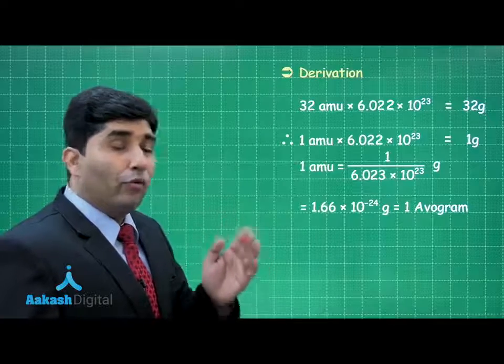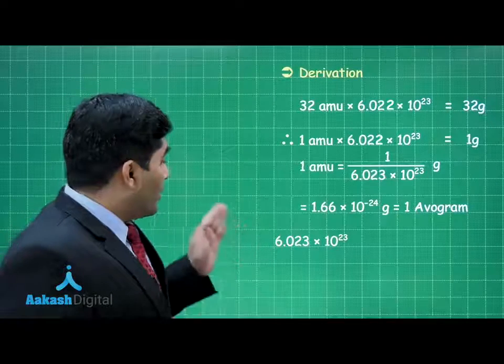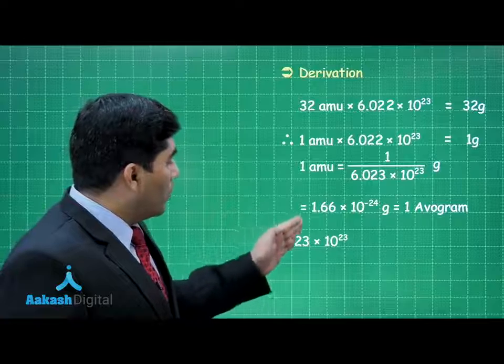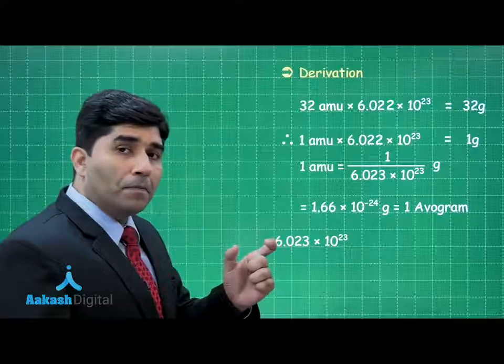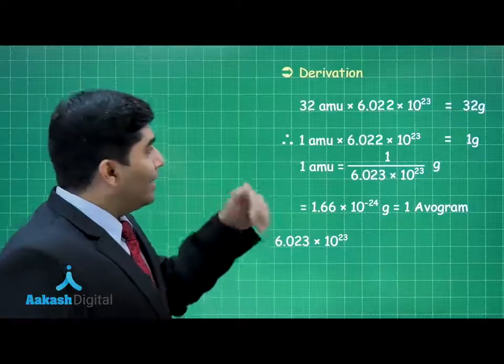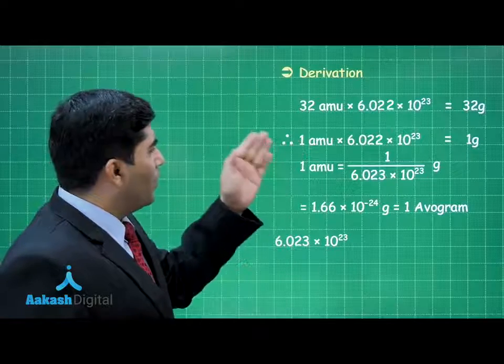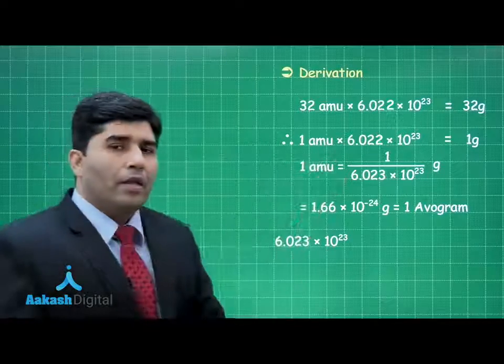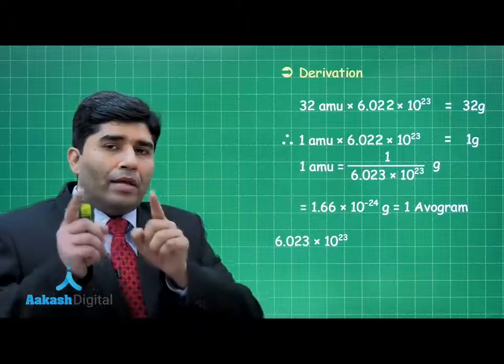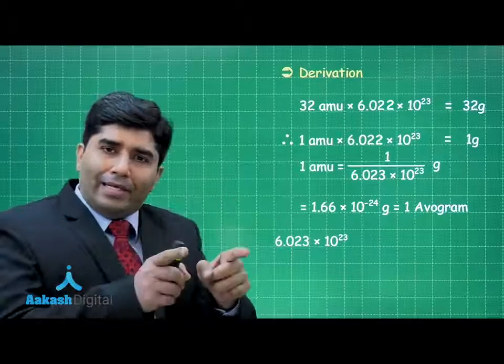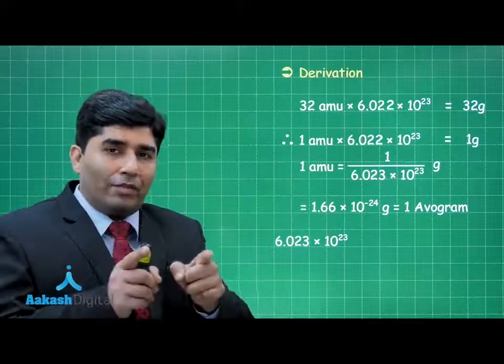So at the end, what I will say is that 6.023 into 10 to the 23, which is a count, in this case is a conversion factor between AMU and gram, as between gram and kg, 1000 is the conversion factor.